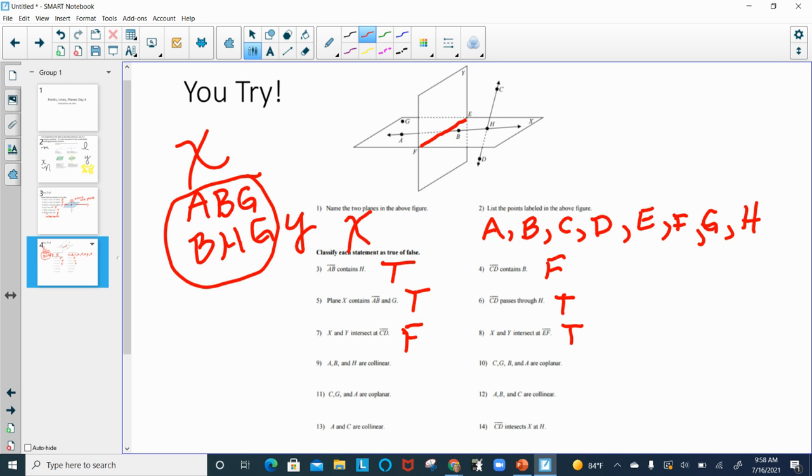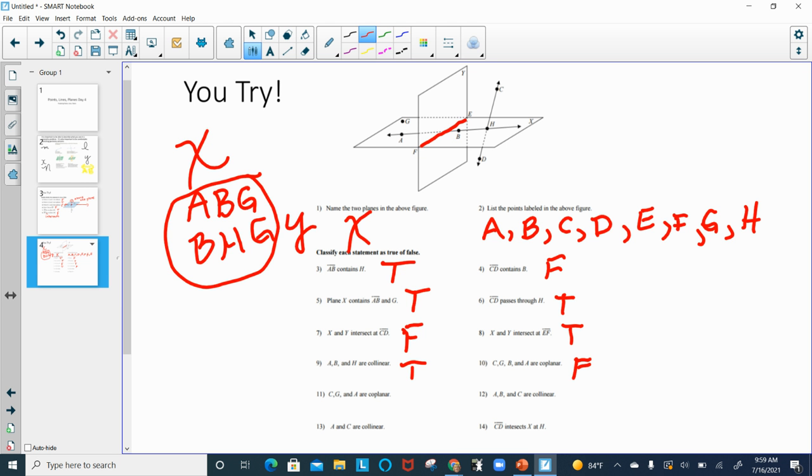Are they on the same line? Yes, they are. Are C and G and B and A all on the same plane? No, they're not, because C is up above, whereas G and B and A are all on X.